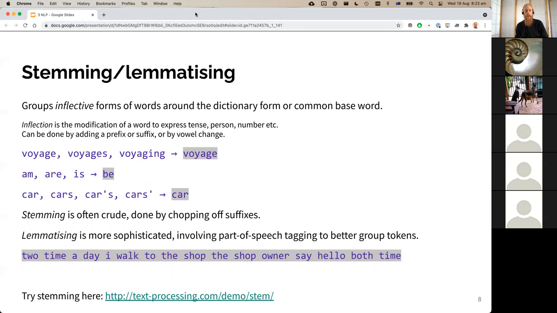So we can see this example: voyage, voyages, voyaging. The base word is voyage, and we can modify the meaning of that word, say to make a present tense, voyaging, by appending the ing morpheme onto the base word.